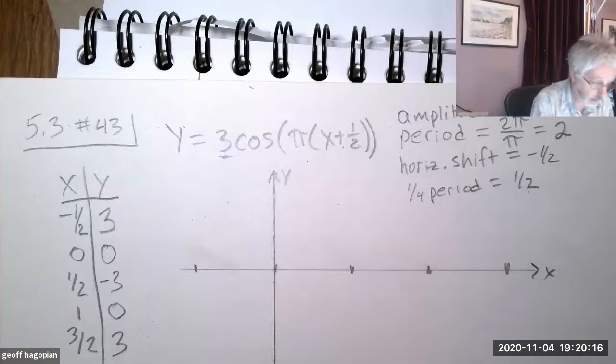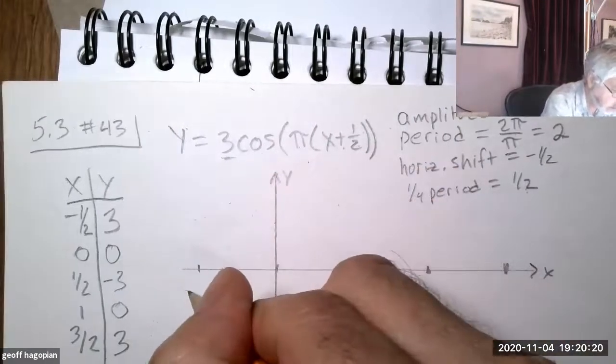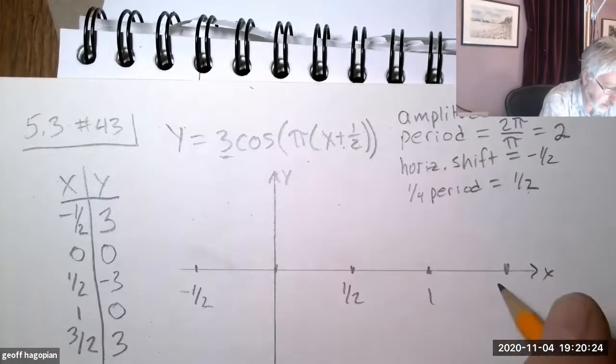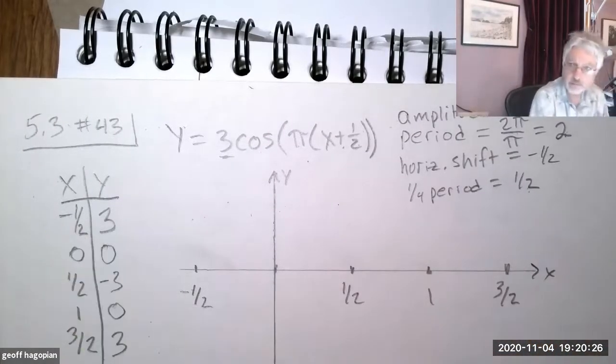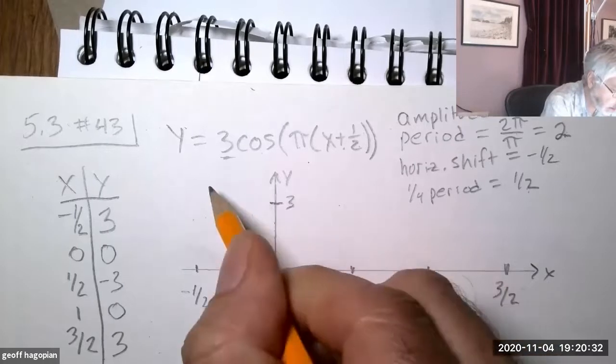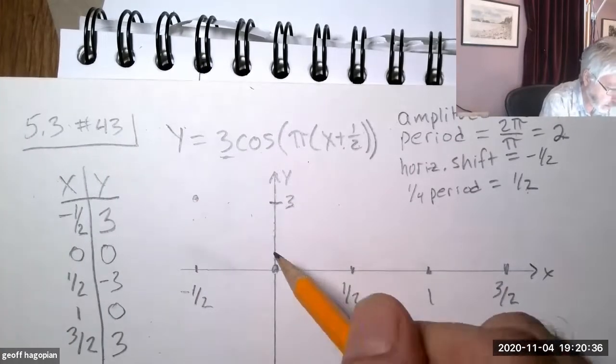And we're going to start at a peak because it's a cosine function, right? So this is -1/2. This is +1/2, 1 and 3/2. Those are the corresponding inputs in my table. And let's say the peak here is at 3. Equilibrium, -3.